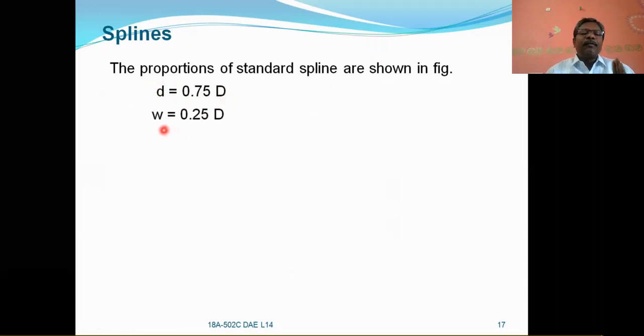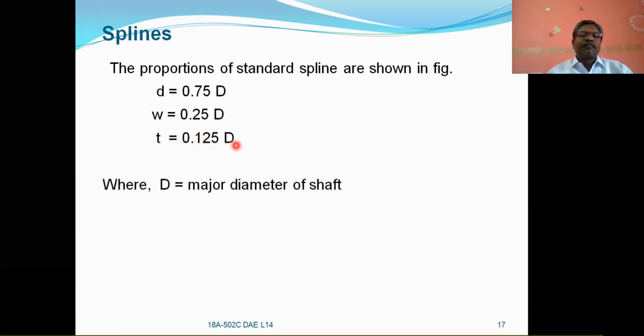The width W of the spline is 0.25 times the outside diameter. That means all these proportions are indicated based on the outside, larger diameter of the spline, and the thickness of the spline is equal to 0.125 times the outside diameter of the shaft.